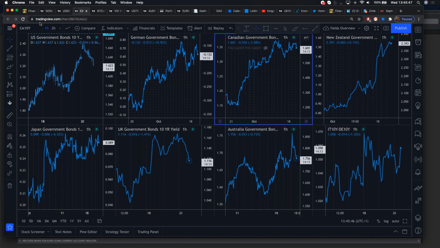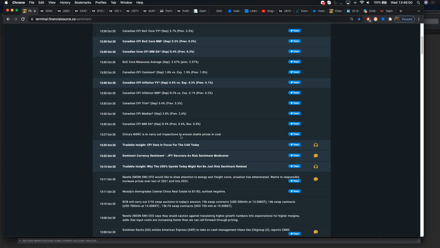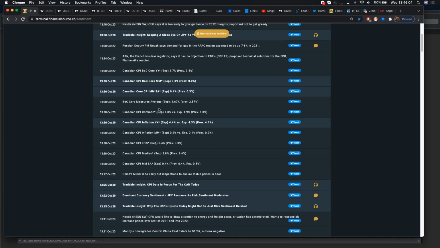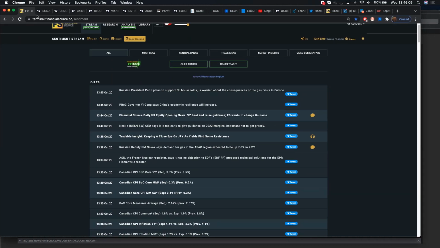We just bear that in mind, okay? The print wasn't massively above expectations, and the big surprise here would have been if the inflation was a miss. Just like with the euro pound, seeing a miss in inflation had more impact than just seeing higher inflation, because everyone's expecting higher inflation at the moment.